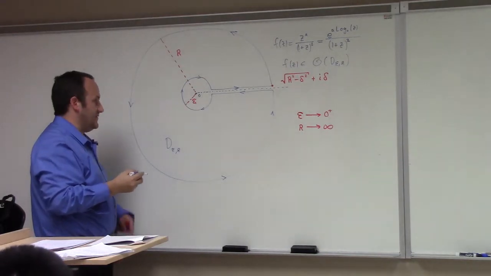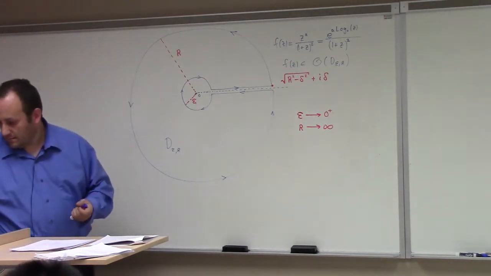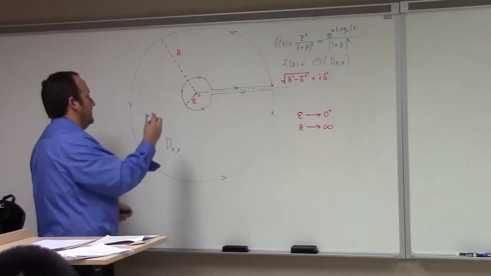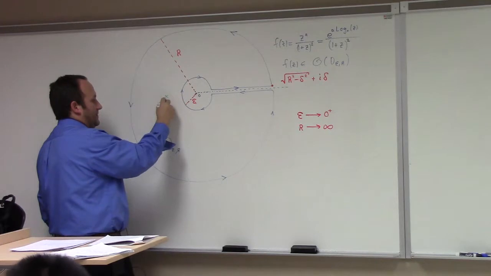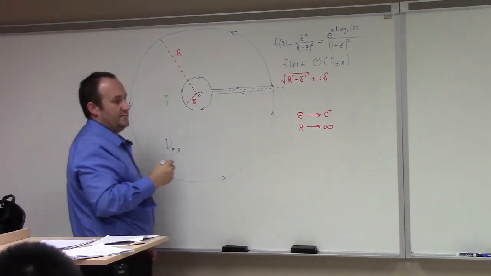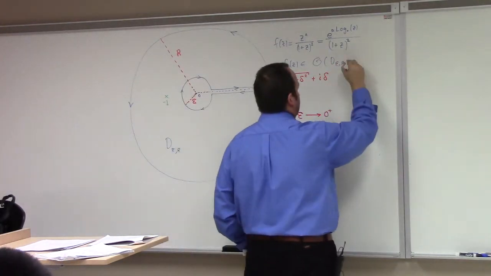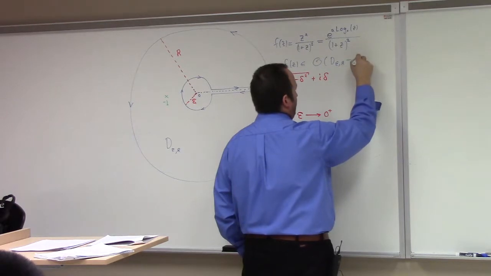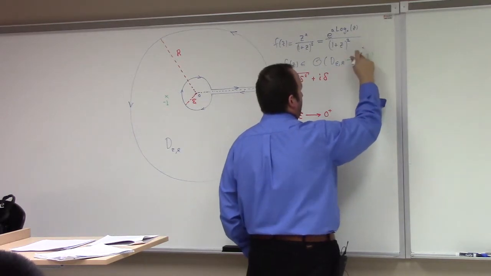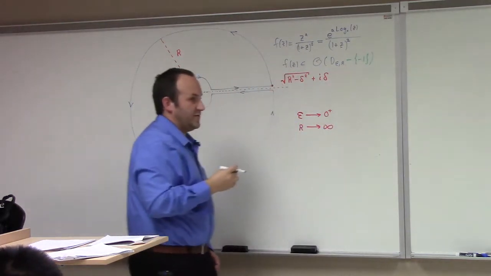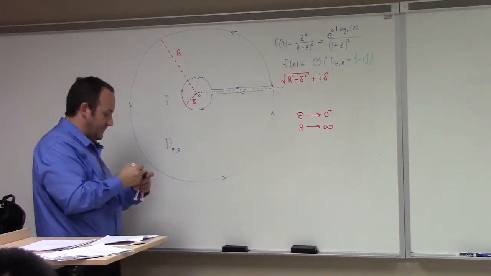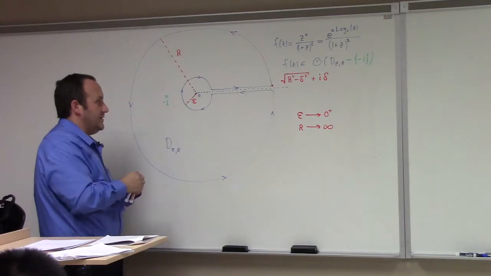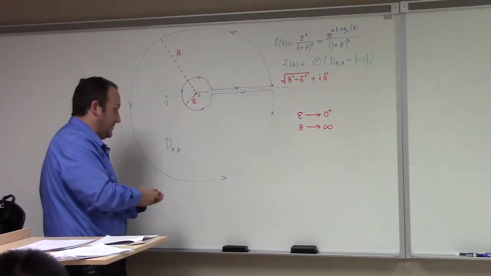At the singularity, which is where? Yeah, minus 1, over here, right? So to be fussy, I should say, with that point removed. In other words, f is meromorphic in this region.